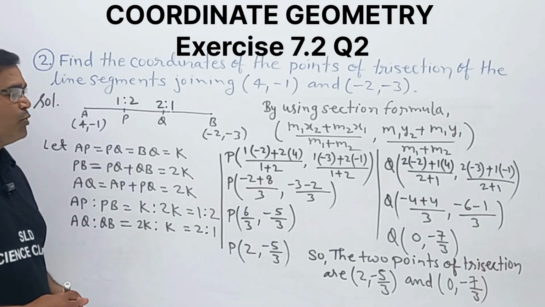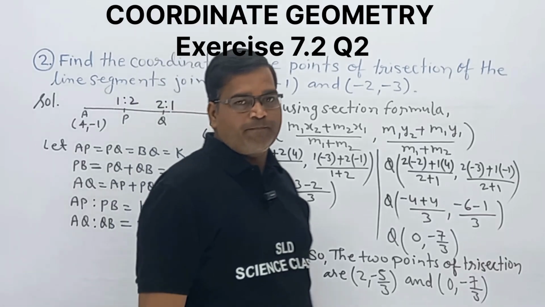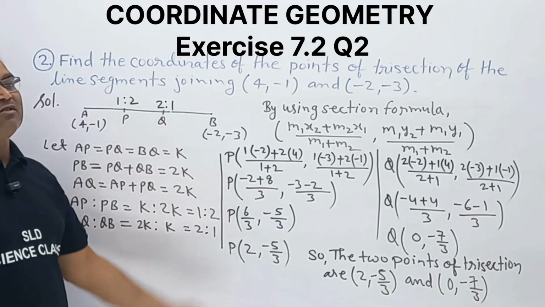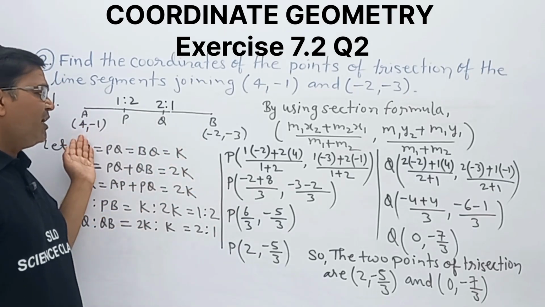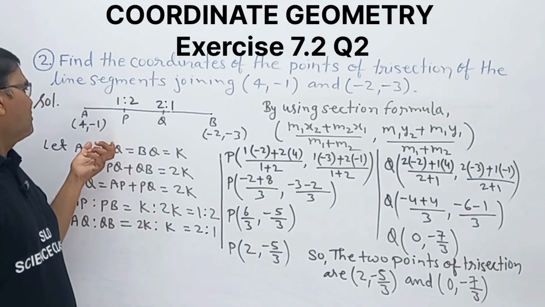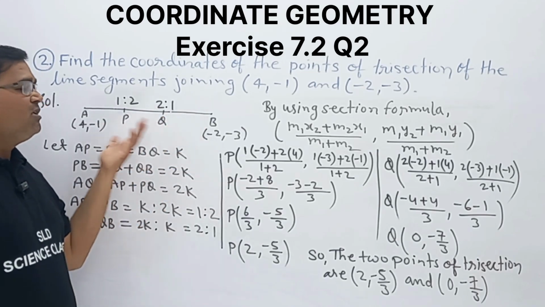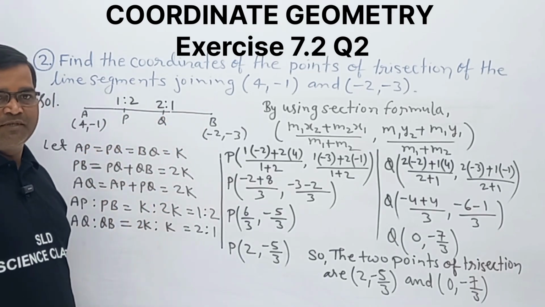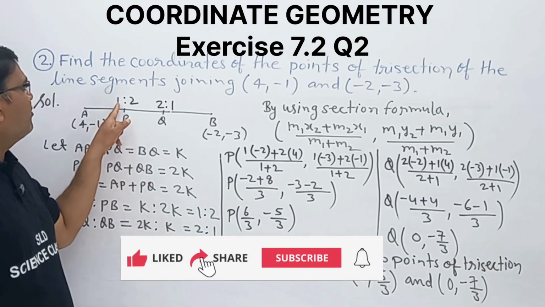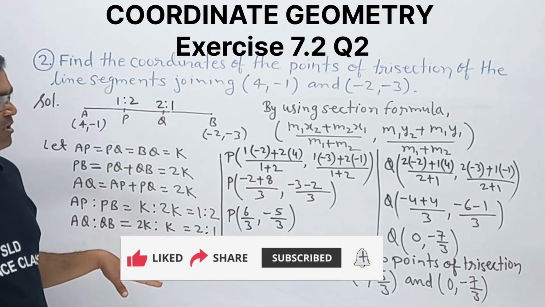Observe again what we are doing in this question. Simple question. We want the coordinates of the points of trisection of the line segment. We assume AB is the line segment, and the coordinates of A and B are given in the question. Its trisection gives AP, PQ and QB, which we assume are equal as K. Then the ratio of P will be 1:2 and the ratio of Q will be 2:1. We get this by doing this process.